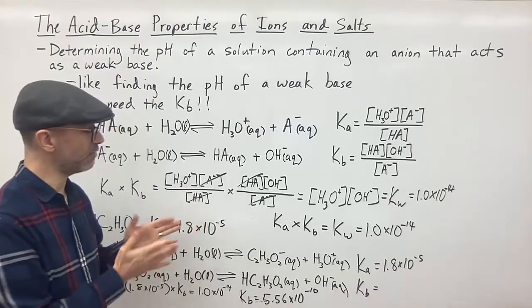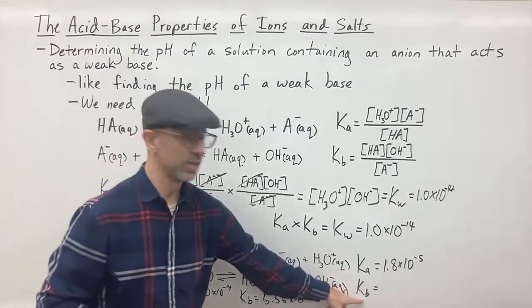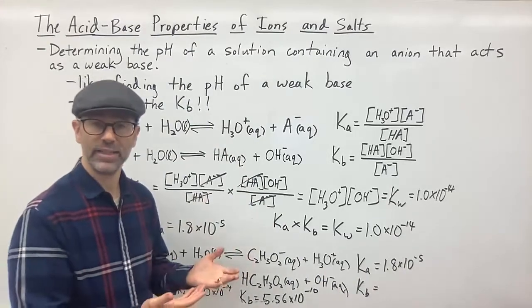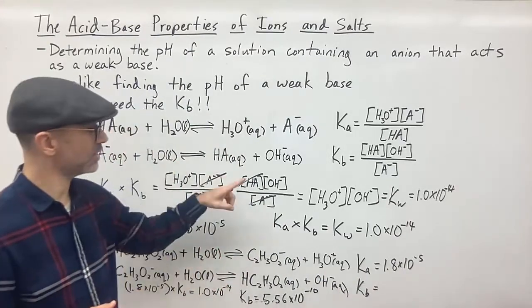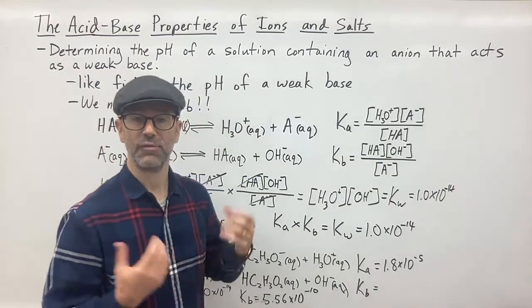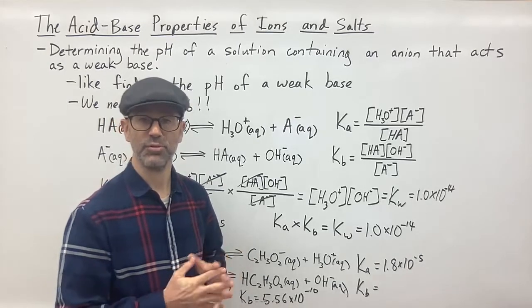And once I have that, I can plug that into my Kb expression for the acetate ion, solve for x, and then x would be the OH minus concentration. And then from there, I can calculate the pH, as I said before.